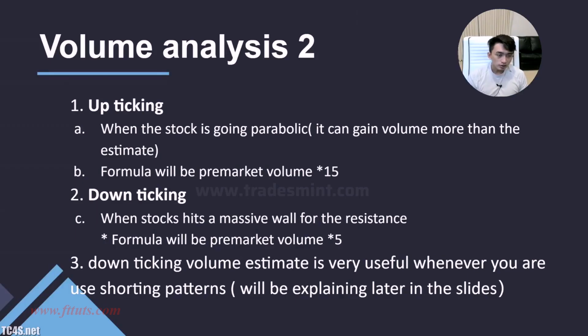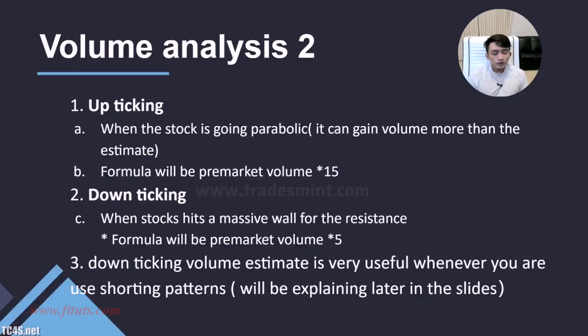If there's no resistance and the stock is trading a massive amount of volume in the pre-market, and it's likely to go parabolic, use pre-market volume times 15. This is more detail on how to really change your volume estimate. So upticking and downticking is very important whenever you look at the overall trend, and also make sure to check if the chart has any resistance or not.